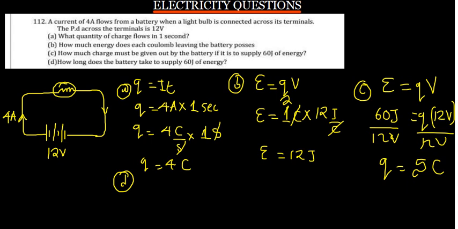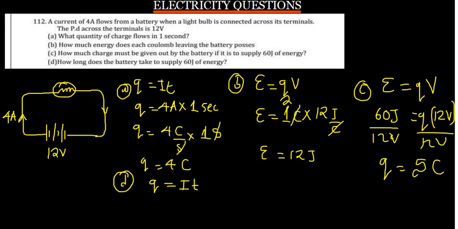So charge is actually current multiplied by time. In this question you already know the current and we have already found the charge. So you can just go direct like that and find what the time is going to be.